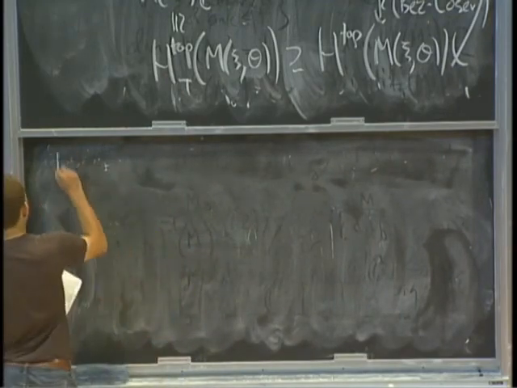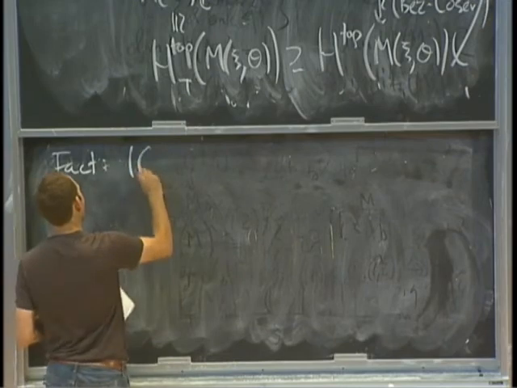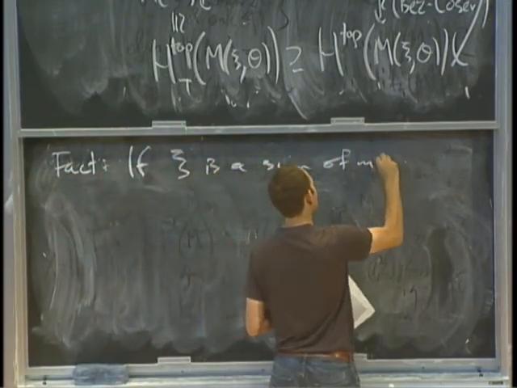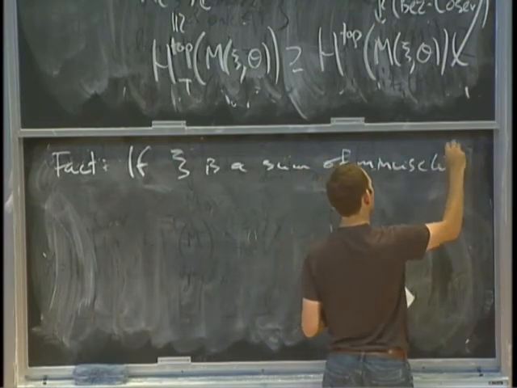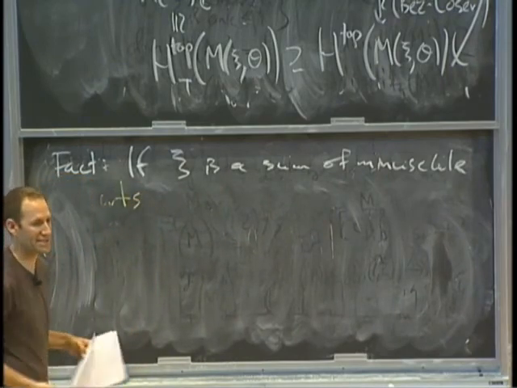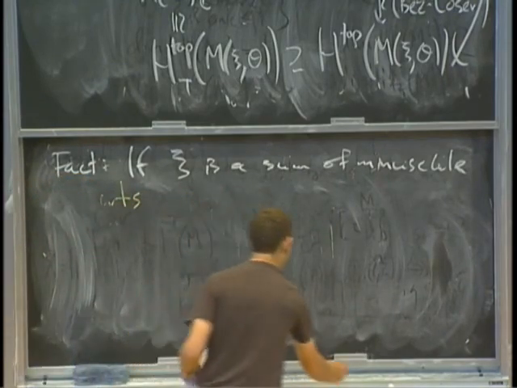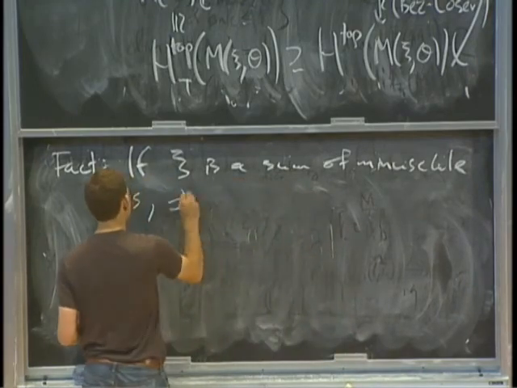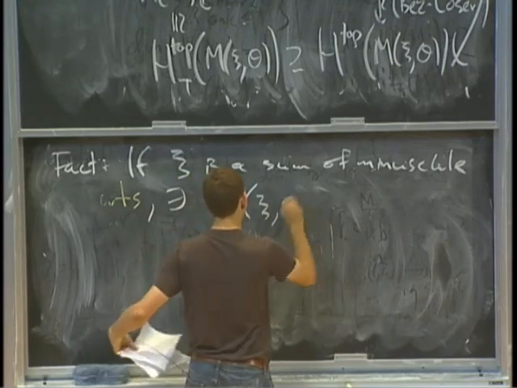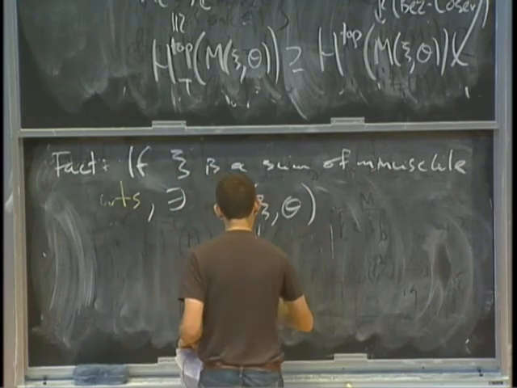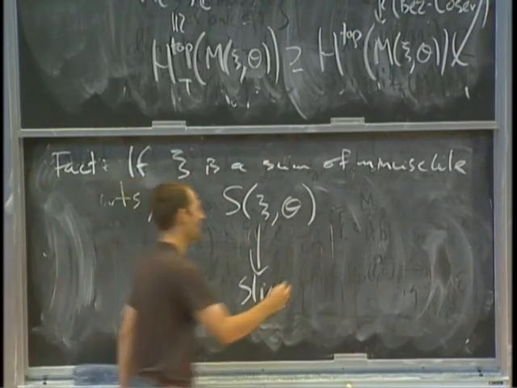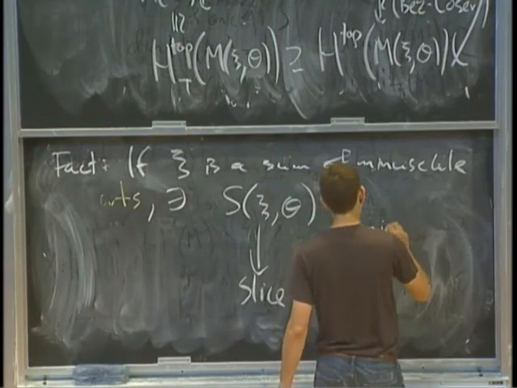So, in fact, if Xi is a sum of minuscule weights, which always happens in type A and sometimes happens in type D and E, then there exists a variety which I'll call S Xi theta resolving this slice. I'm just going to write slice, but exactly this slice. And this is a conical symplectic resolution.